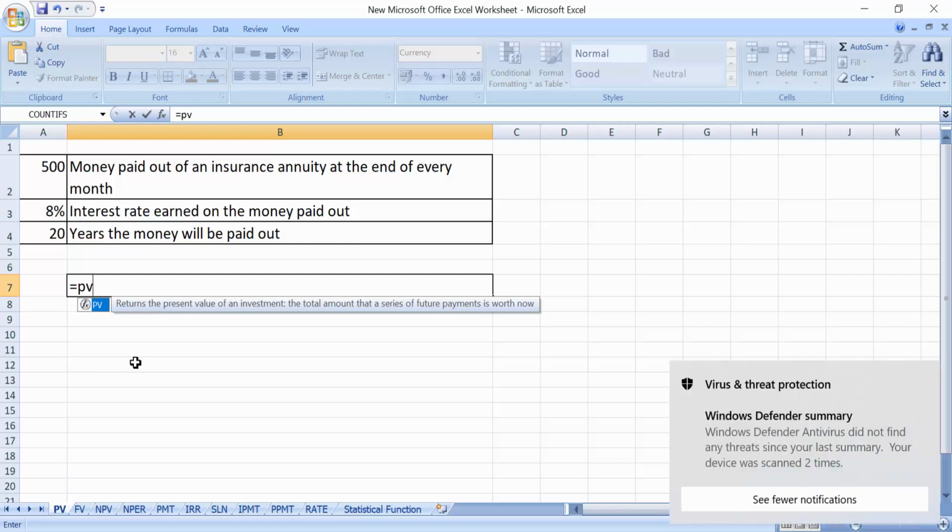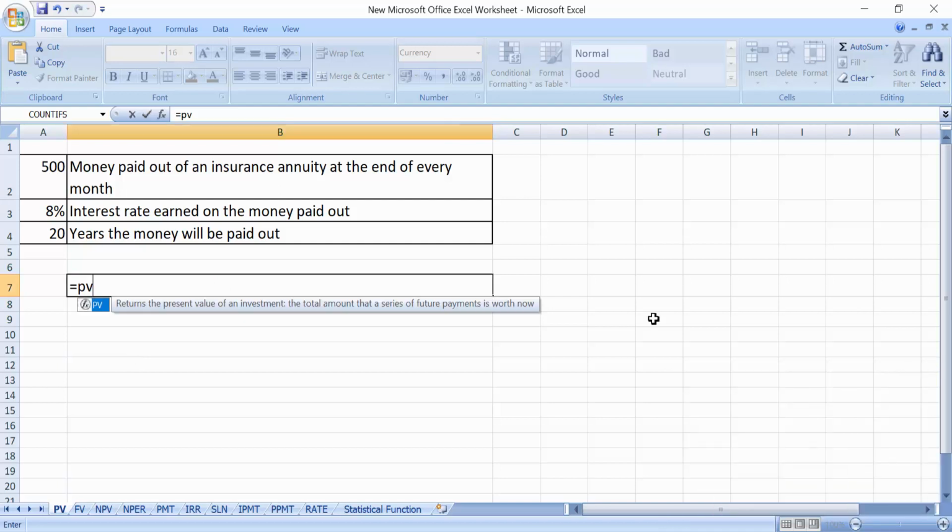Now what is the syntax of that? Just write the bracket, and it will ask for the rate, that is the interest rate per period, then NPER, that is the total number of payment periods in the annuity, then PMT.